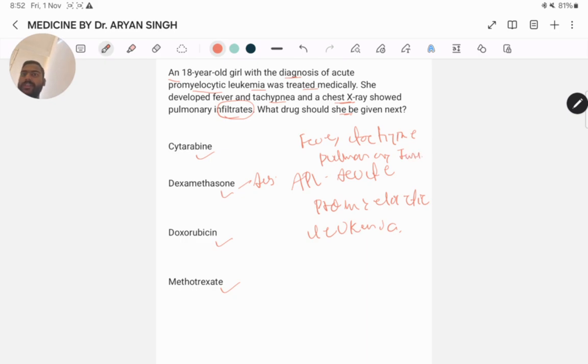This is suggestive of differentiation syndrome, an adverse effect of all-trans retinoic acid. The management involves glucocorticoids, such as dexamethasone. The other management of APL differentiation syndrome includes chemotherapy for cytoreduction and supportive measures, and in severe cases temporary discontinuation of ATRA if necessary.